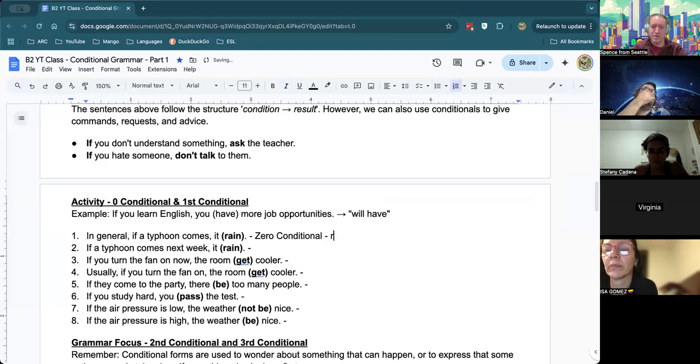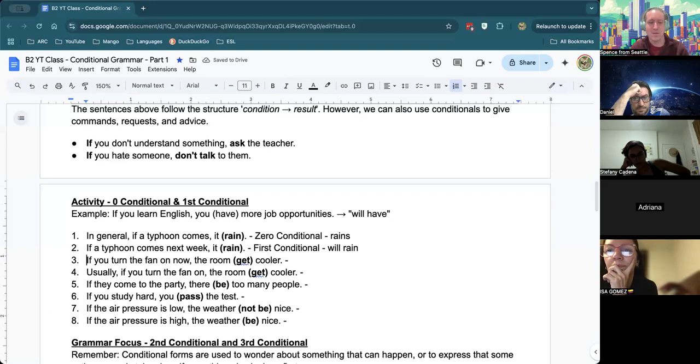Rains. Perfect. And number two, if a typhoon comes next week, is this first conditional or zero conditional? First conditional. So is it will rain or rains? Will rain. Perfect. Great job, Isa. Okay, let's do Danielle, number 3 and 4.